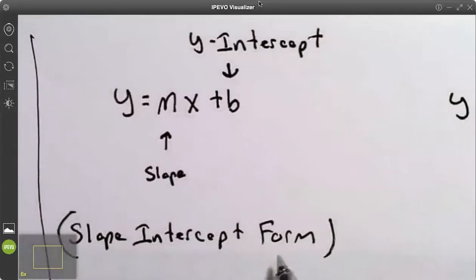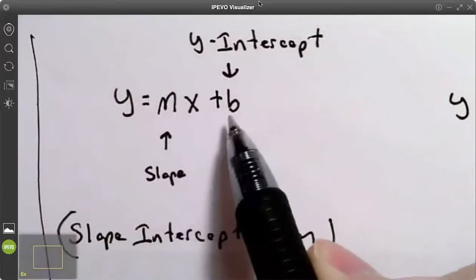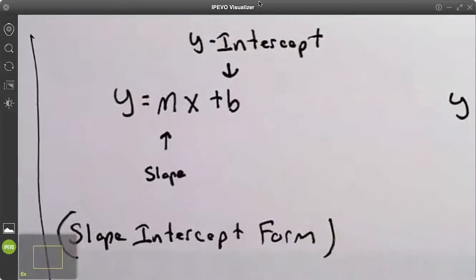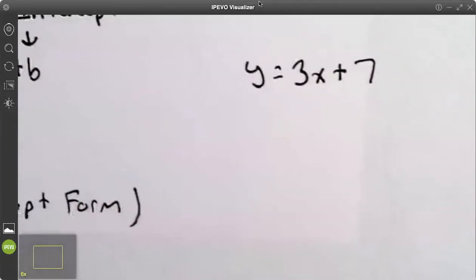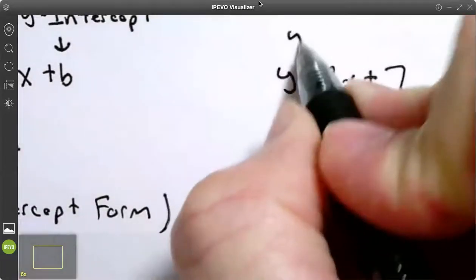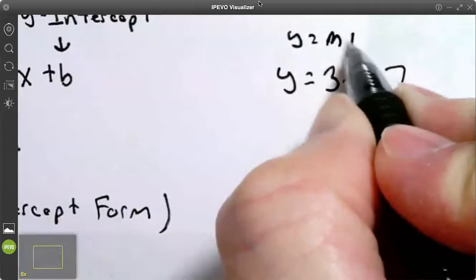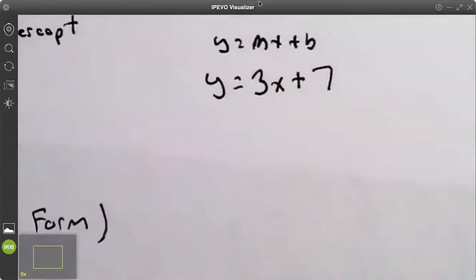It's called slope-intercept form because you need two things to write it. You need the slope, which goes before the x, and you need the y-intercept, which goes after the x. So let's look at an example. Here I have an equation written in slope-intercept form. Let me write the formula right above it, which we wouldn't normally do. Y equals mx plus b.